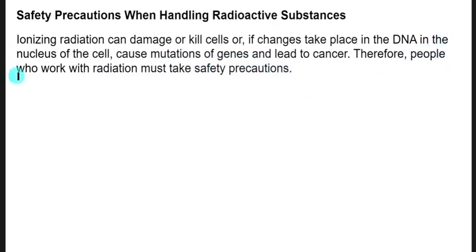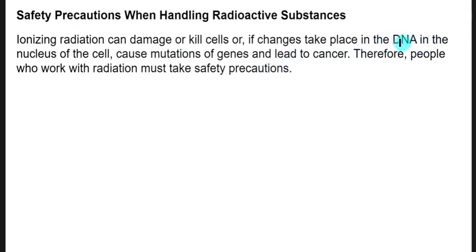Therefore, people who work with radiation must take safety precautions. So guys, what is being said is that radiation that can ionize is able to damage or kill cells, or even bring about mutation or change in DNA.